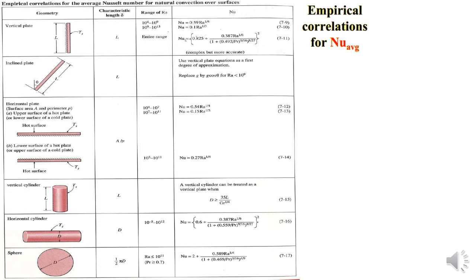So as you can see, although it's the same flat plate, in the vertical position we will use a different equation compared to the horizontal plate, and same with the vertical cylinder and also the horizontal cylinder.